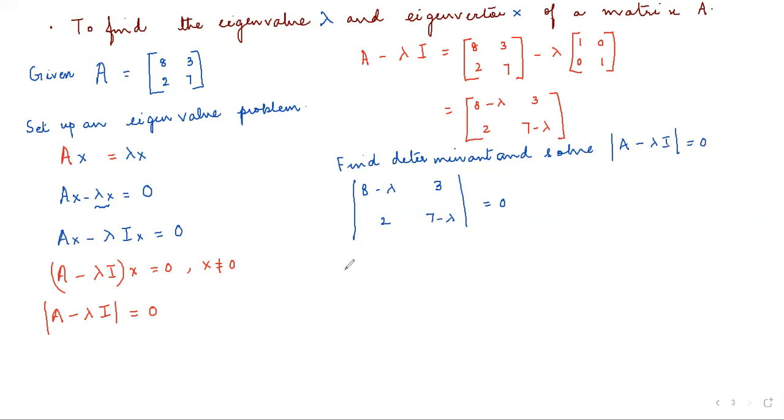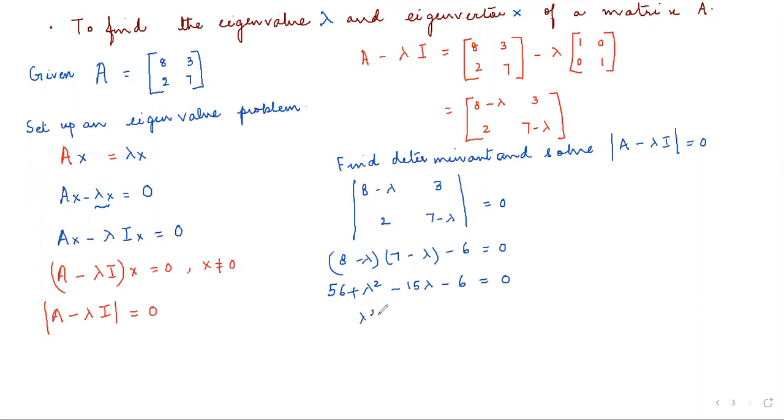Now, when I solve this, what do we get? (8 − λ)(7 − λ) − 6 equal to 0. Further solving gives 56 plus λ² − 15λ − 6 equal to 0.